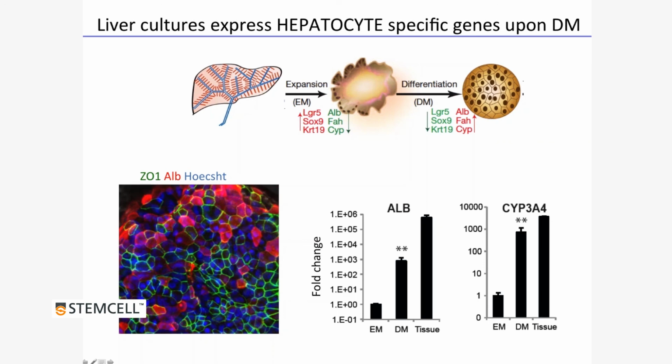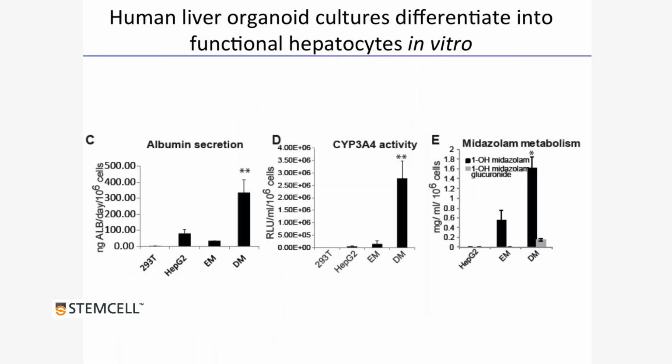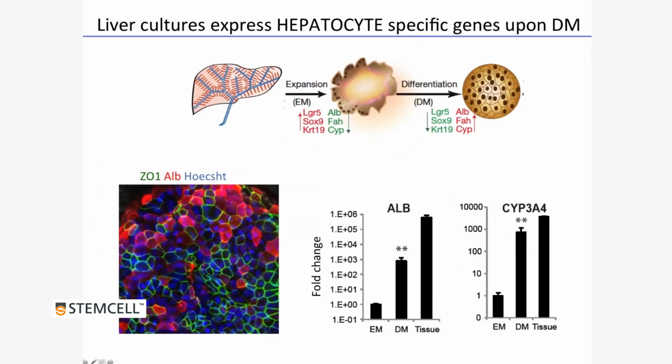And more interesting, when we performed functional assays in vitro, we asked the question: do they secrete albumin? And the answer was yes. The organoids, after differentiation, secrete albumin, and we have fresh isolated human hepatocytes here. We again see this 100 to 1,000-fold less secretion, and it's clear that this secretion is going to be less because if we look at this picture, we already see that not all the cells start expressing albumin.